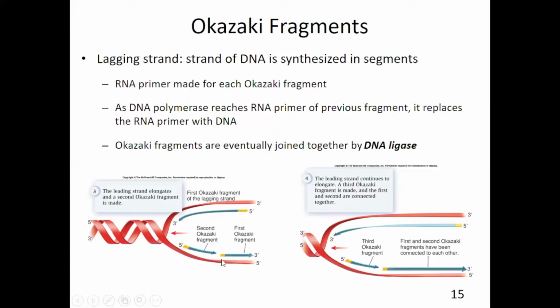But this bottom strand is synthesized in pieces called Okazaki fragments, and because of that, it is called the lagging strand. In fact, eventually, those Okazaki fragments must be joined together, and there is a special enzyme called DNA ligase that will join these Okazaki fragments together so that we get one continuous daughter strand on the bottom.